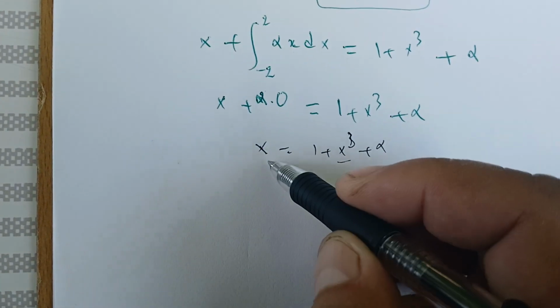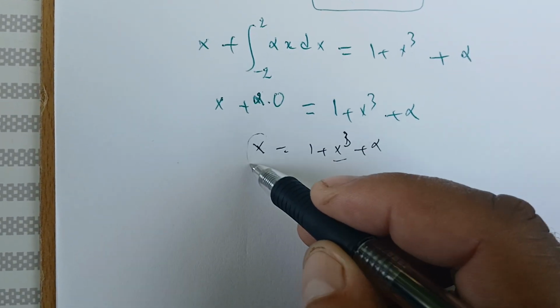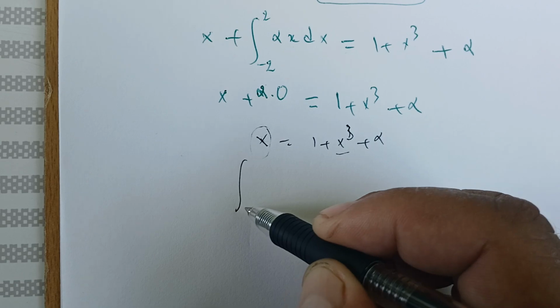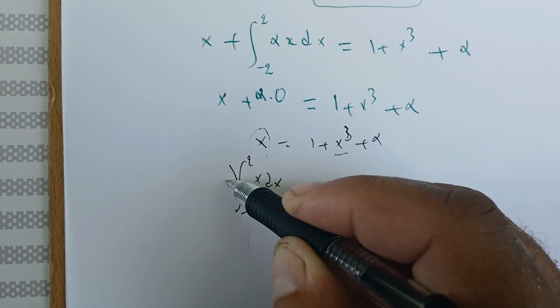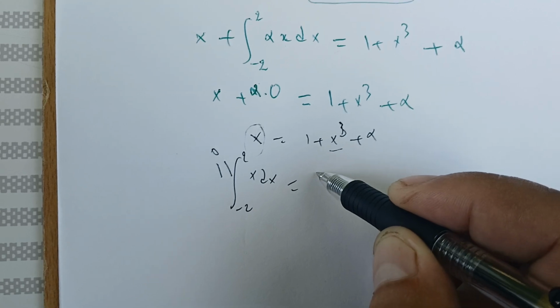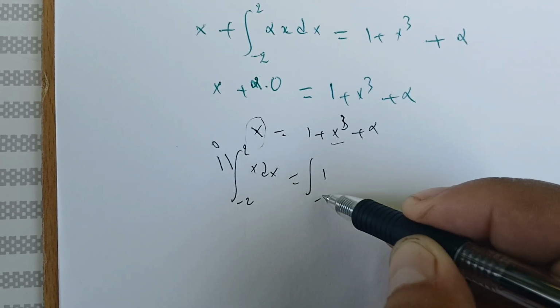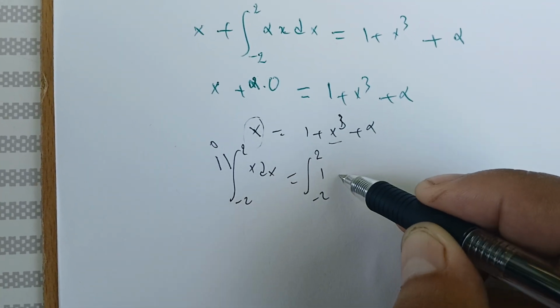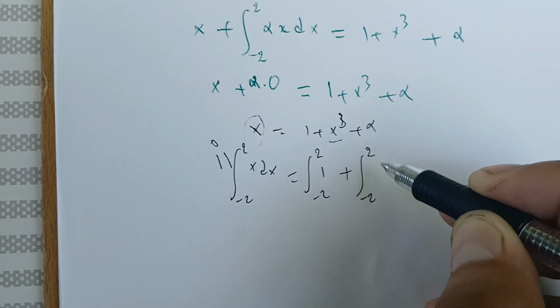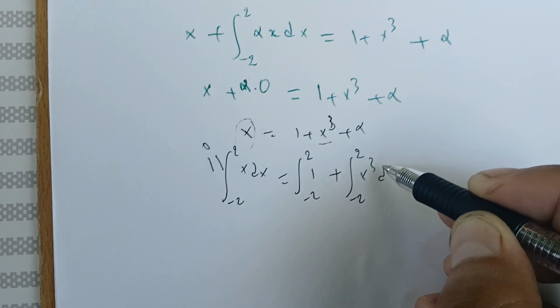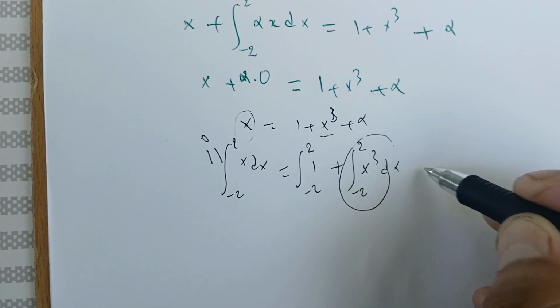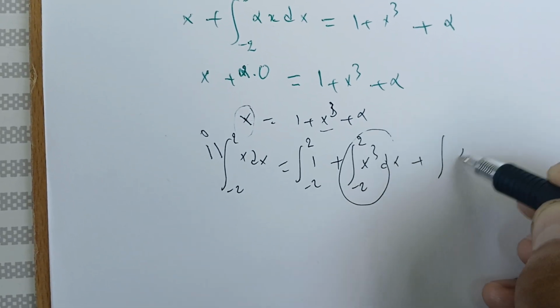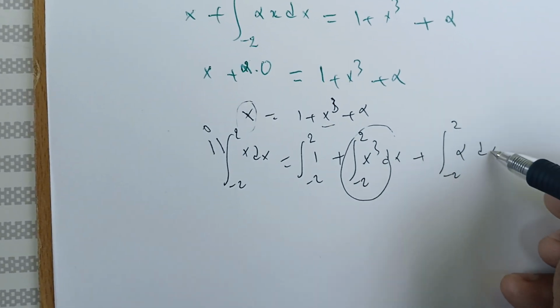Here we can integrate this one. So we're going to get the integral of -2 x dx, and this is 0, equal to the integral of 1 between -2 and 2 plus the integral of x cubed dx, and this is 0 as well because it's an odd function, plus the integral of alpha between -2 and 2 dx.